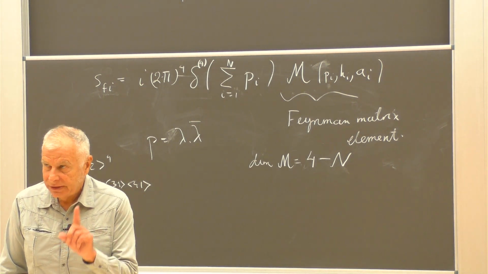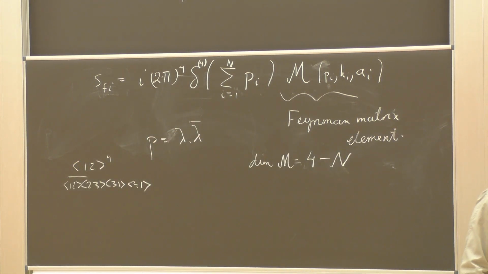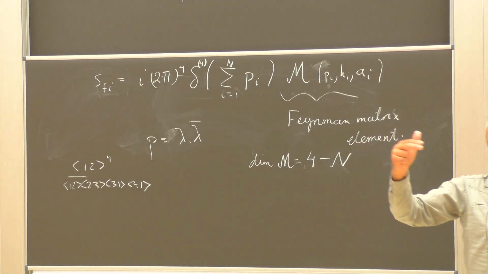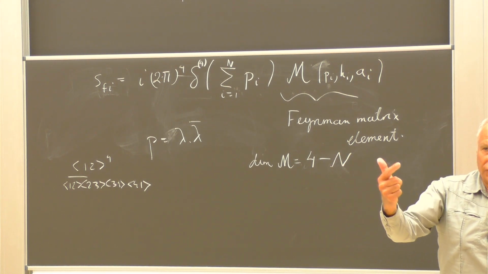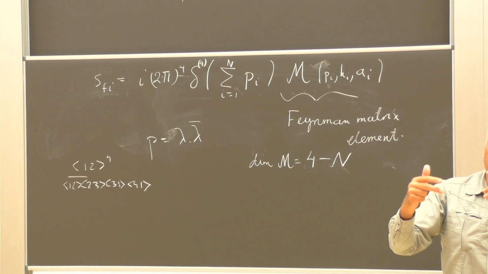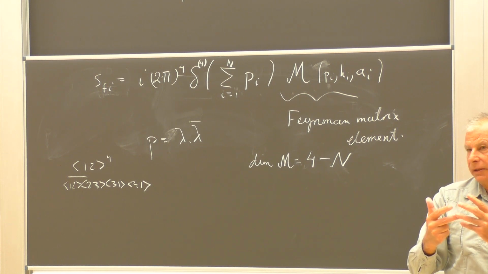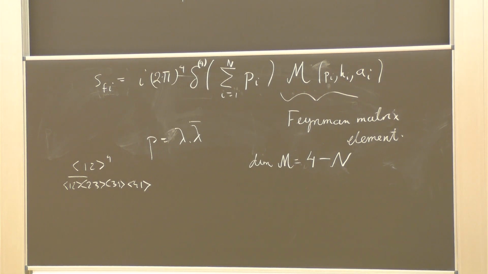But by itself, the Feynman matrix element always has the same dimension. Now, the dimension will be provided by momenta, or eventually, in a theory which has a dimensional coupling constant, like gravity, you have to also count the dimensions of the couplings. But the net dimension will always be 4 minus n. Okay.